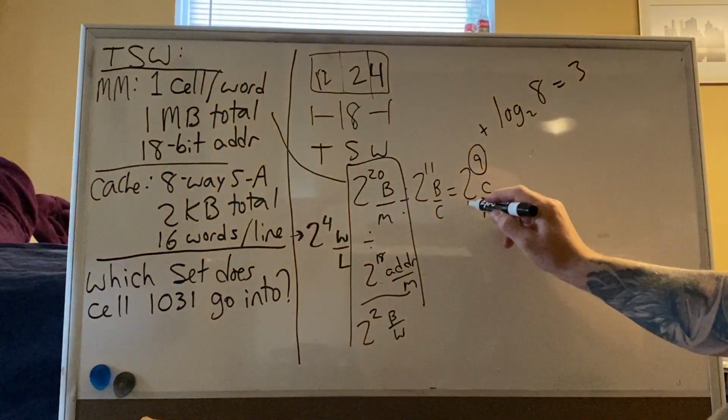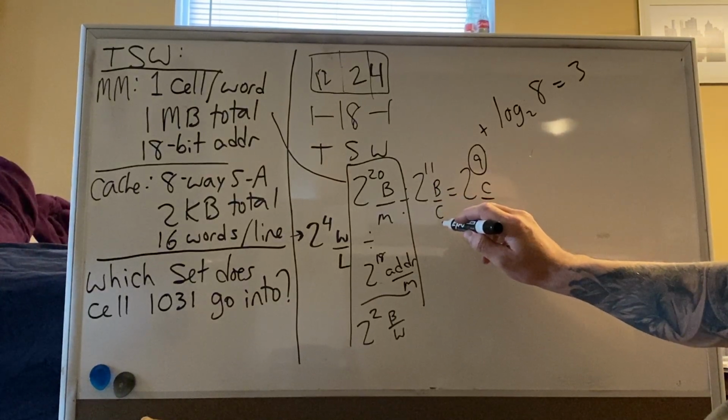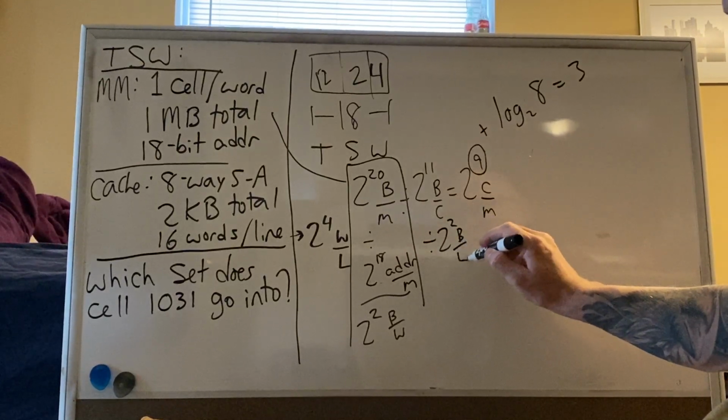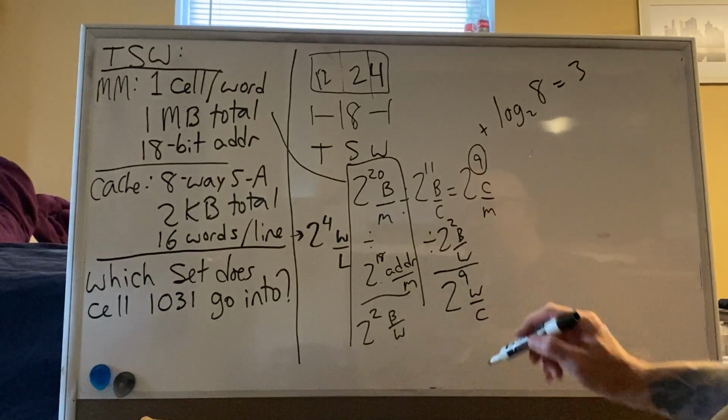2 to the 2 bytes per word. So now, if there are 2 to the 11 bytes per cache, and I divide that by 2 to the 2 bytes per word, then I find out there are 2 to the 9 words per cache.